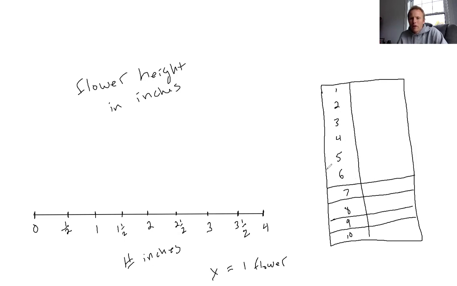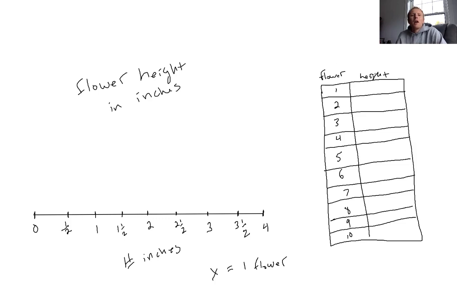As you guys know, my handwriting's not the best and my drawing's not the best even in the classroom, but it's even more difficult on this drawing tablet. So this is the flower number, and this is the height. That was really messy, but you get the point.